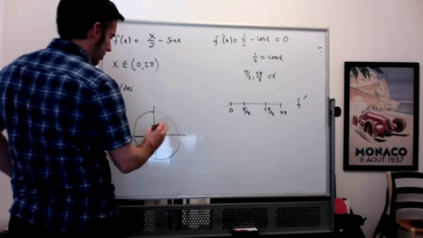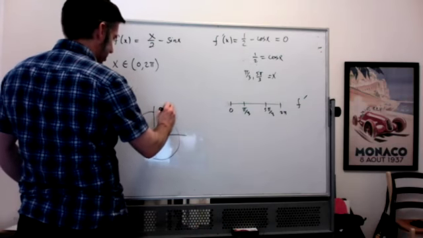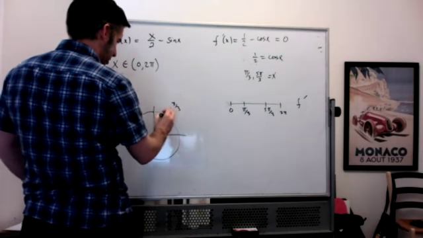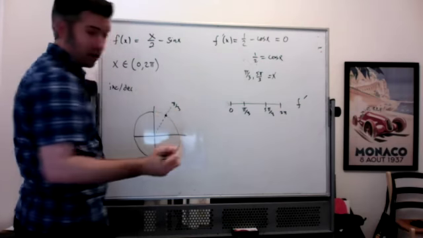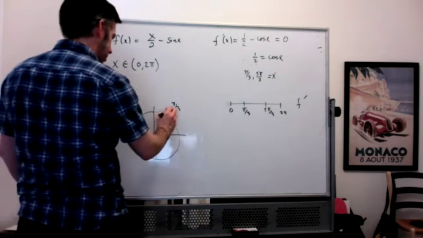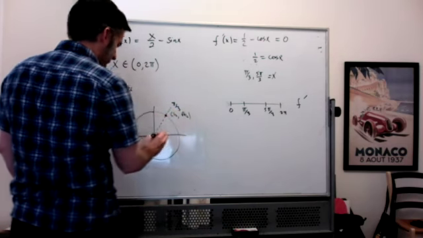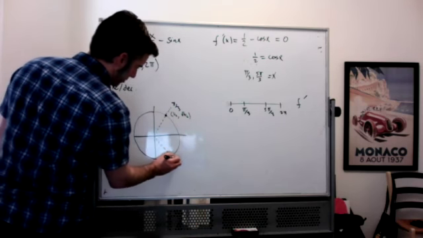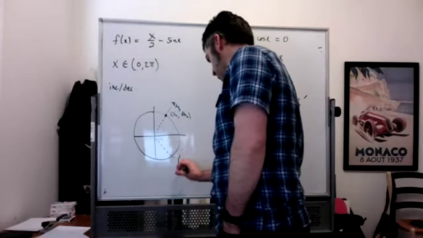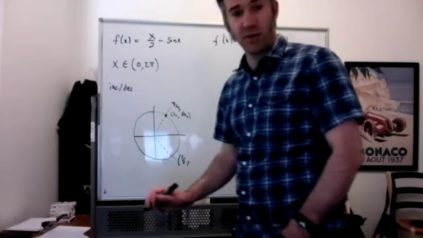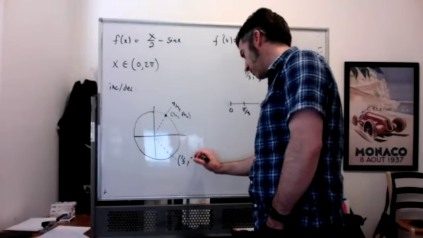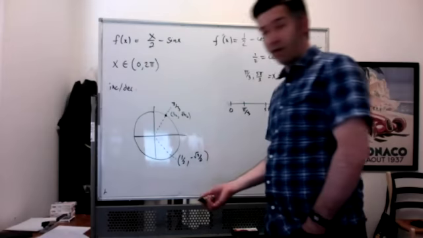So here's what I know. I know that at pi over 3, the cosine value, meaning the x coordinate on the unit circle, is 1/2. The y coordinate is root 3 over 2. And at 5 pi over 3, the x coordinate's 1/2, and the y coordinate's negative root 3 over 2. And notably, here's what I want you to see.